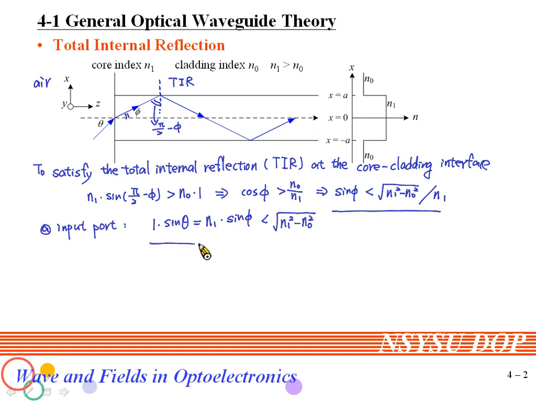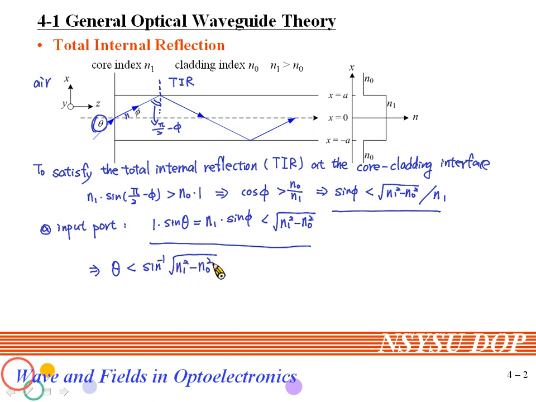So this condition tells us that if you want to transmit a signal from the air to the waveguide and successfully induce the TIR at the core-cladding interface, the input angle theta should satisfy that sine theta is smaller than this value. And this means that the input theta should be smaller than arcsine of square root of N1 square minus N0 square.